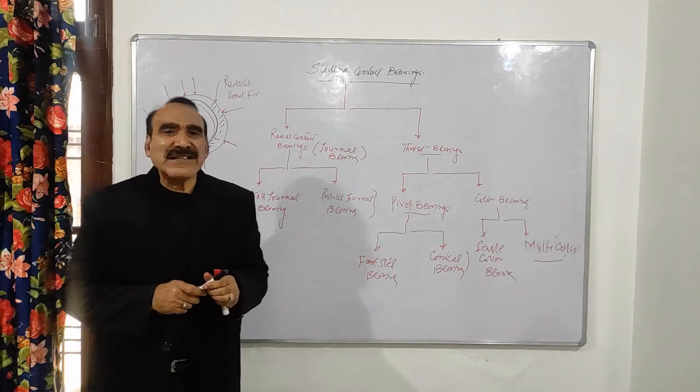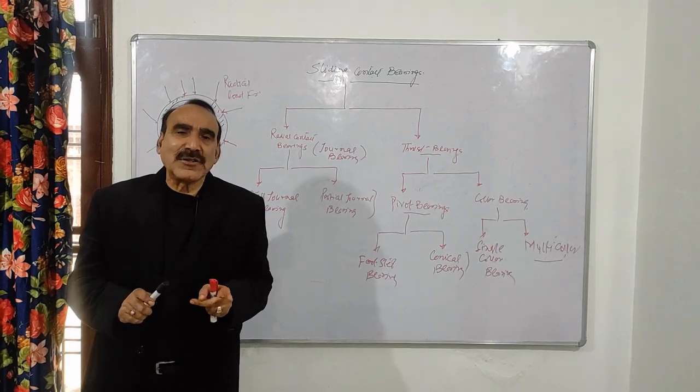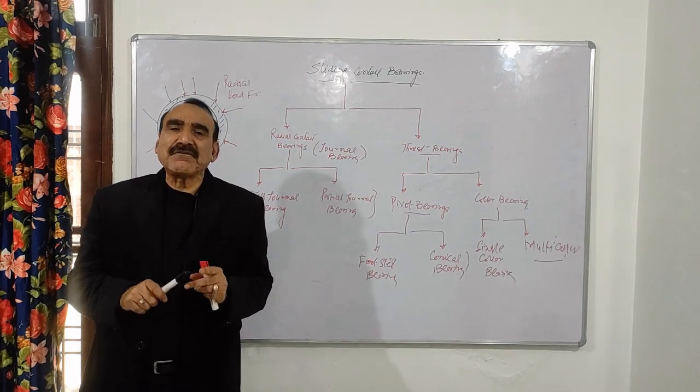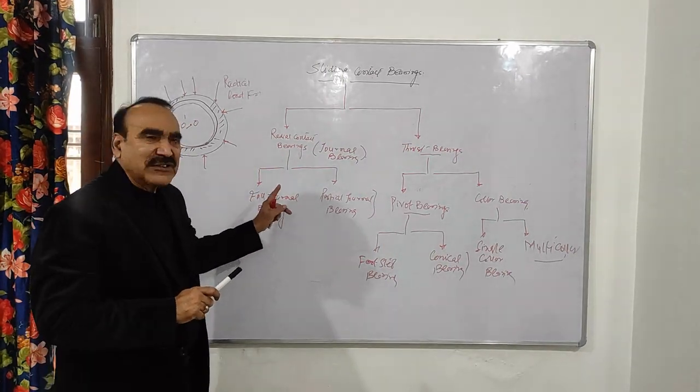When the radial load is acting in all the directions, to give the support to the radial loads in all the directions, we need the full journal bearing.